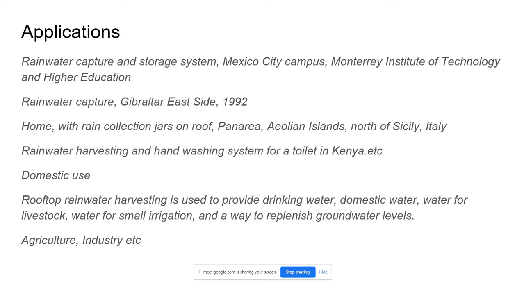As an electronic engineer, I would suggest some methods for conservation of water.